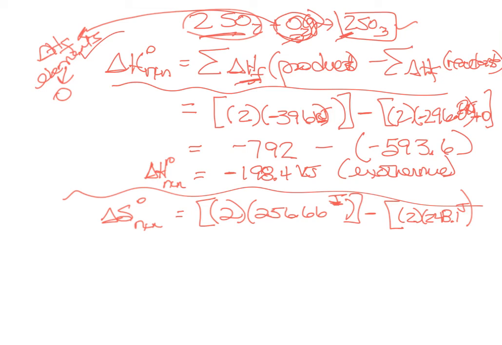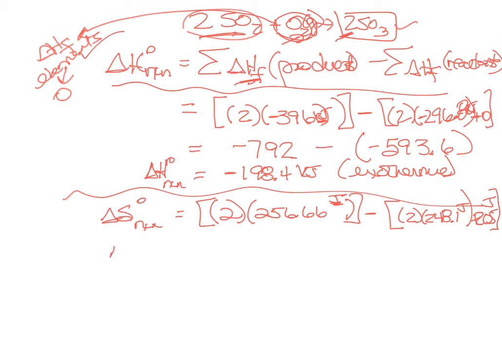In other words, everything has entropy. So even though delta H and delta G can equal 0 under certain conditions, delta S will never equal 0. The entropy for oxygen is 205, again in units of joules.